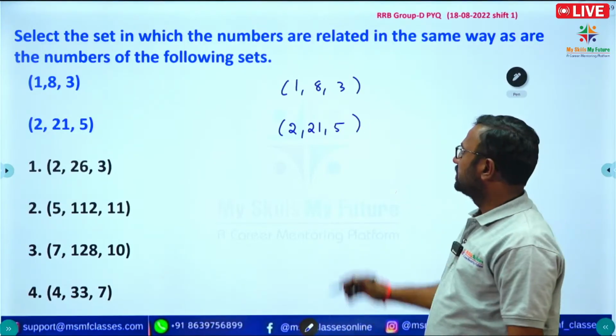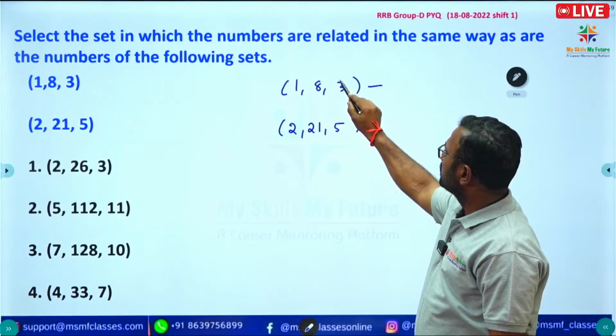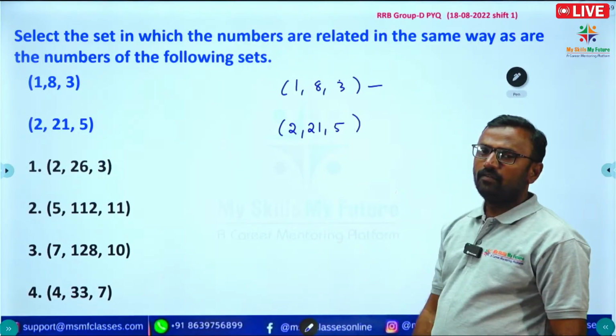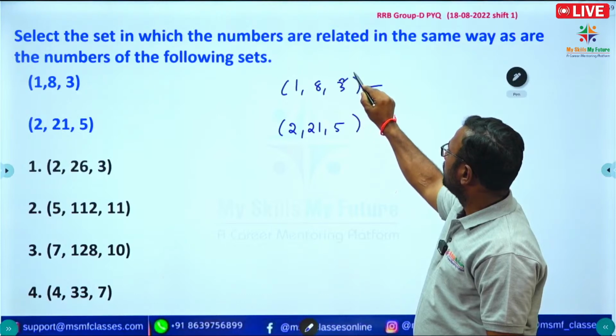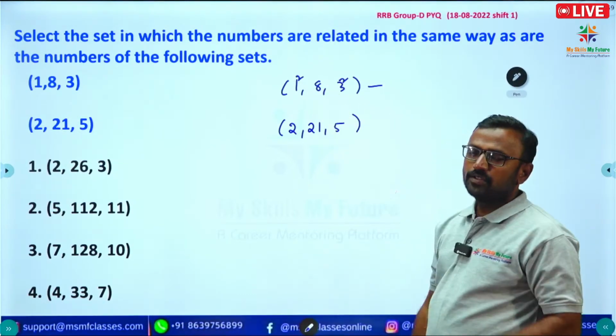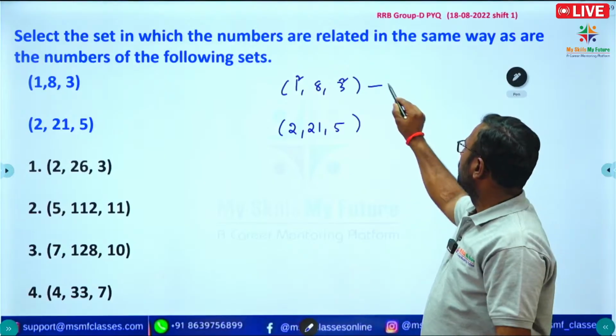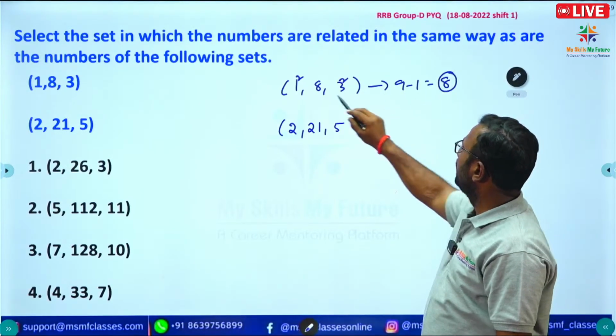I am directly saying, 3 square minus 1 square. 3 square is 9, 1 square is 1, so 9 minus 1 we get 8. They are writing 8 in the middle.